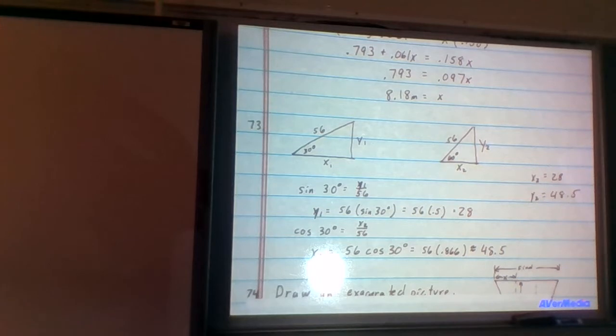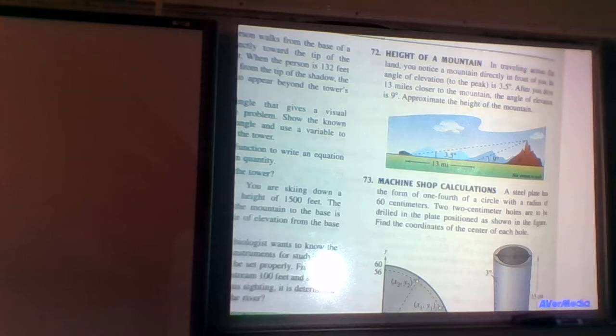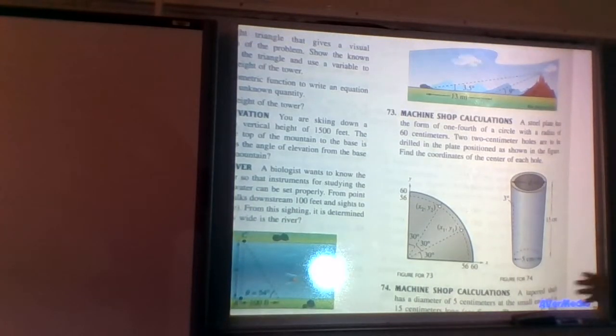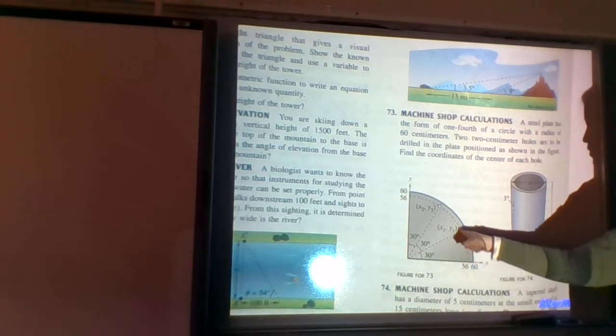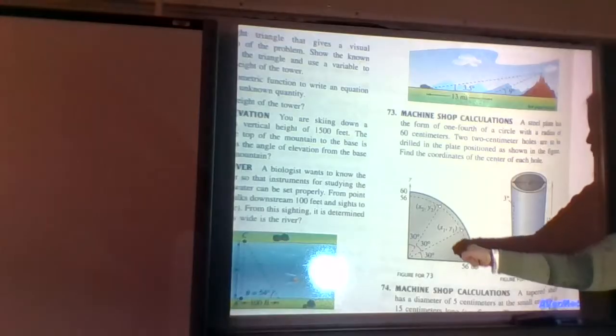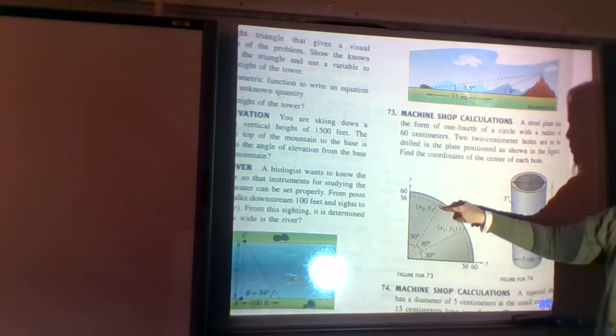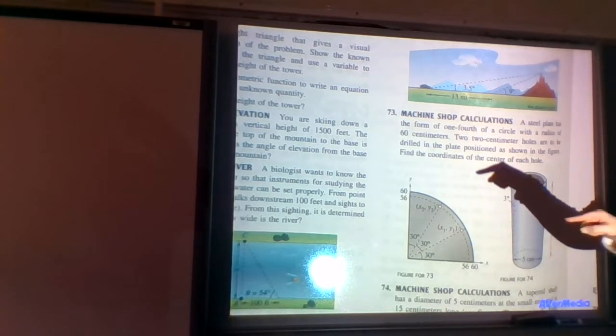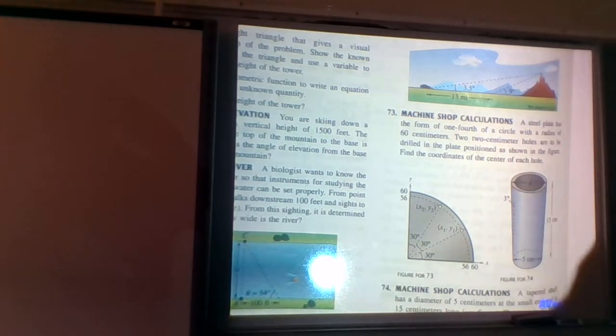Let me show you the picture again, and then you can see why that's the case. There's the picture, and this whole thing right here is 56, which means every one of these lines right here is 56.